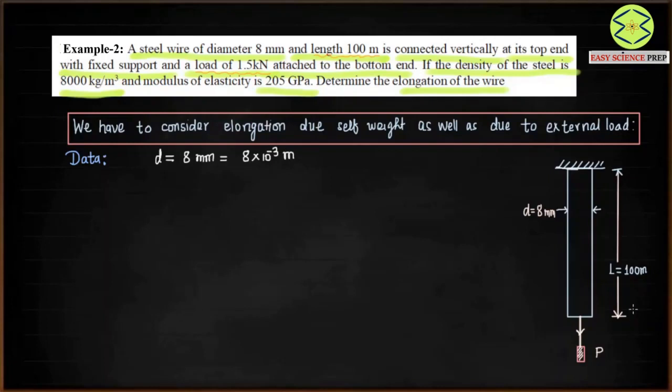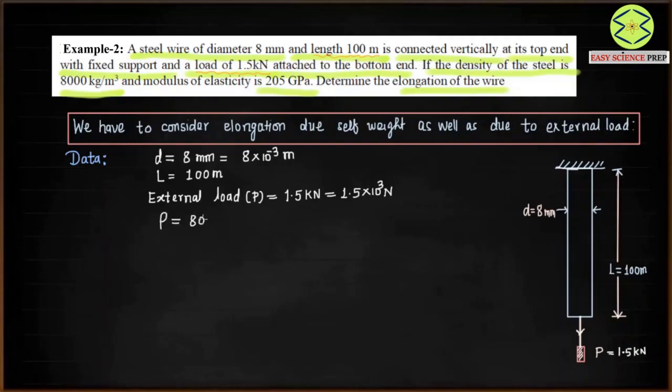Then we have the original length, that is 100 meters, and the value of external load is 1.5 kilonewton, that is 1.5 into 10 raised to 3 newtons. We also have the mass density rho, 8000 kg per meter cube.